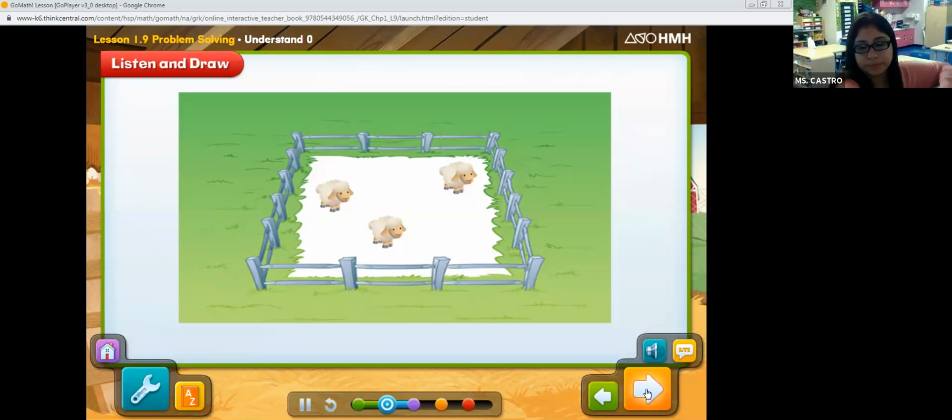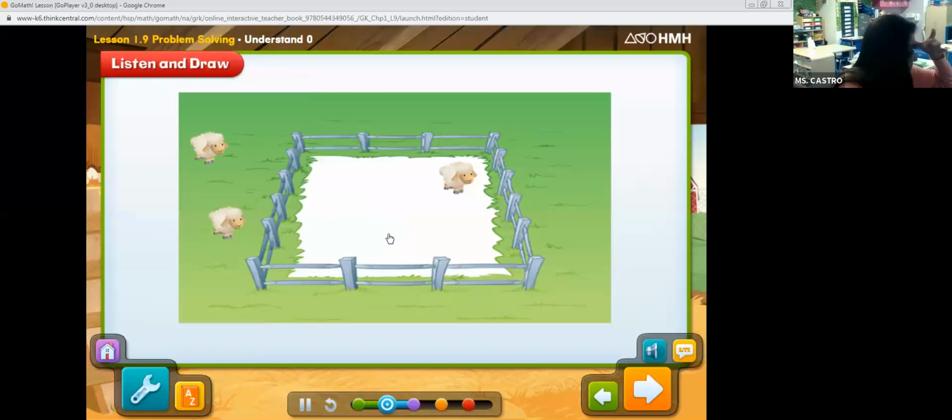These sheep want to take a long walk in the field. Will you help them get out of the pen? Select a sheep to let it out of the pen. Good job! Now let another sheep out. Nice work! There's one more sheep.